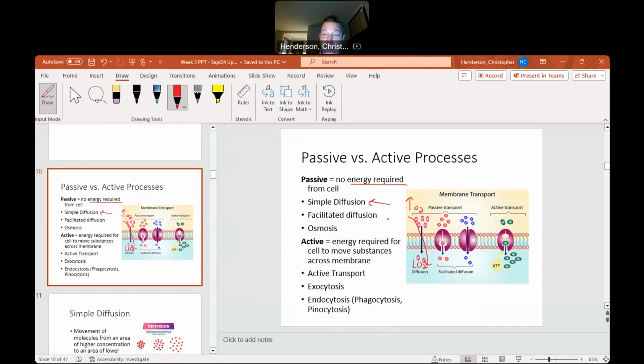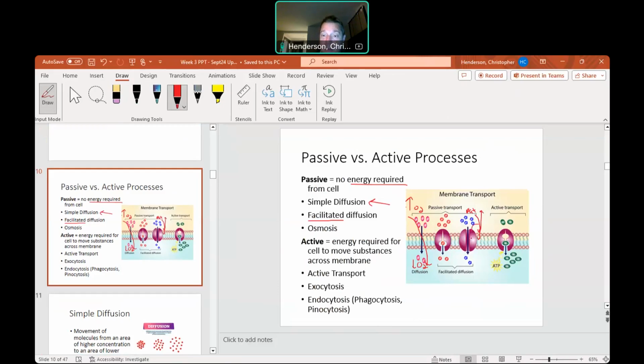In facilitated diffusion, some students get messed up with this word and think, facilitated, that sounds like energy. It's not energy. All it is is that you're using a channel to facilitate the movement of particles across the membrane. Say this was sodium here. Sodium is charged, which makes it polar. This inside here is fat, so it can't pass through this. It gets deflected off.